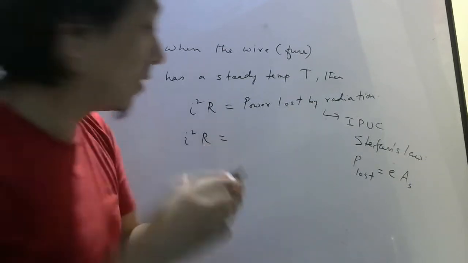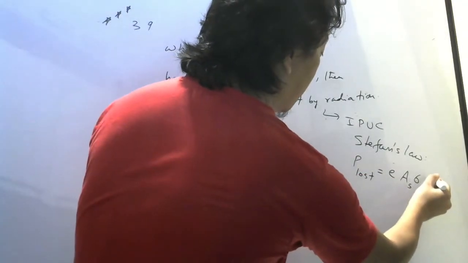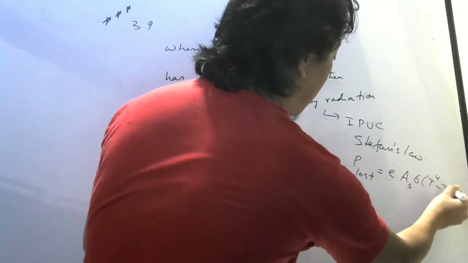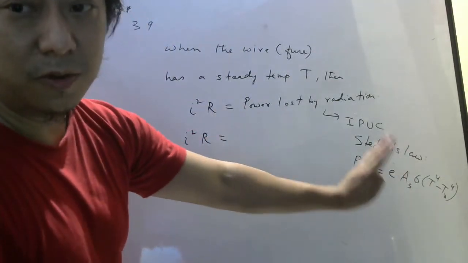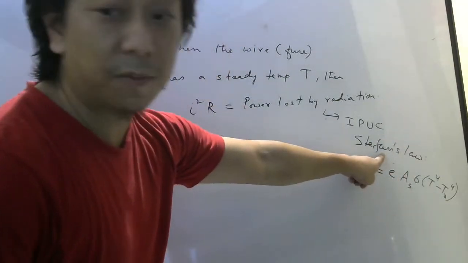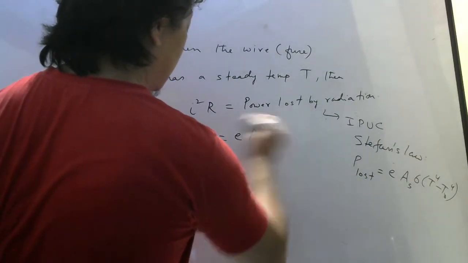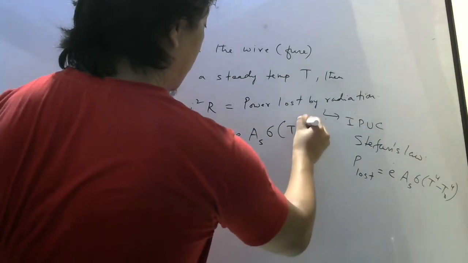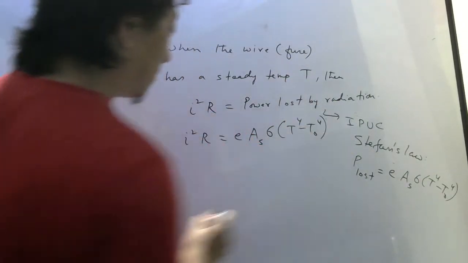So I am writing S, into Stefan's constant, T power 4 minus T naught power 4. T naught is the room temperature. Please see your first PU notes, you will find this formula under the topic Stefan's law: emissivity into surface area, Stefan's constant, temperature which it has minus surrounding temperature, power 4.